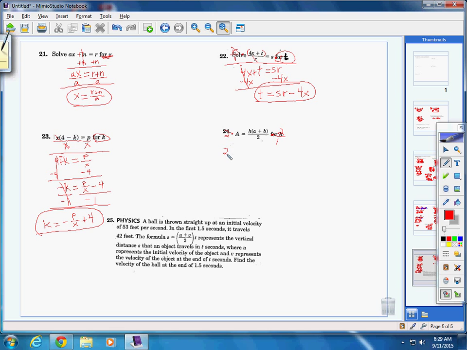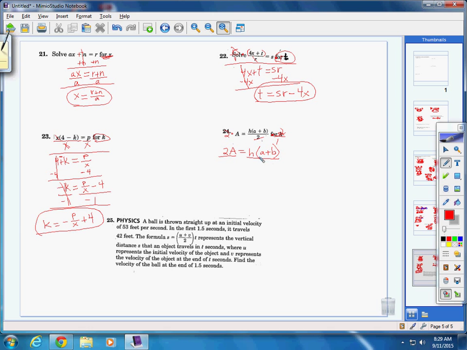So we have 2a equals, by multiplying by 2, we eliminate the denominator, and you now have h times the quantity of a plus b. And we are solving for the h, so let's get rid of the thing that h is being multiplied by.